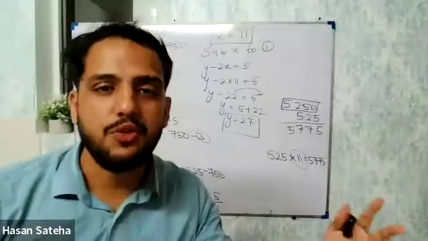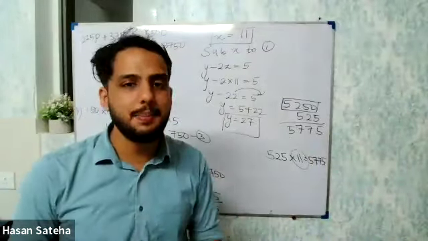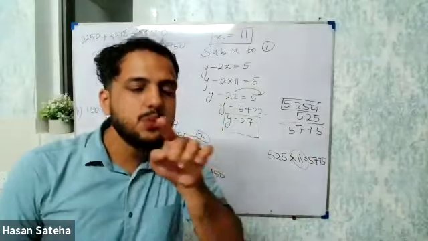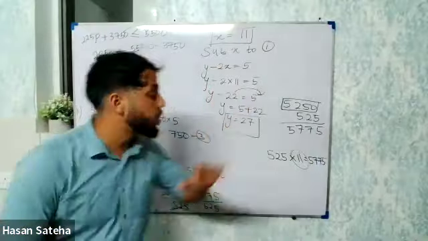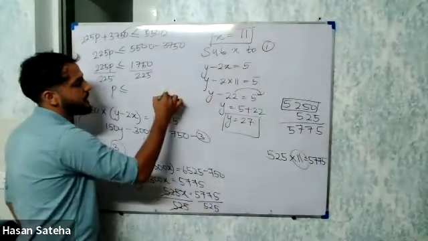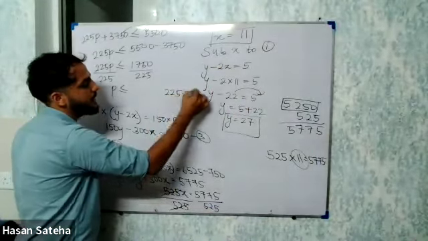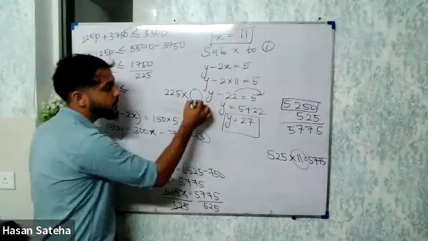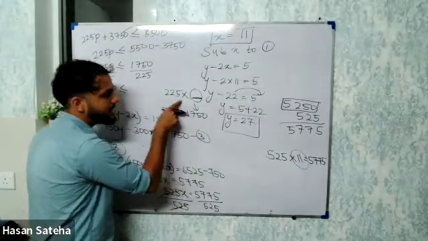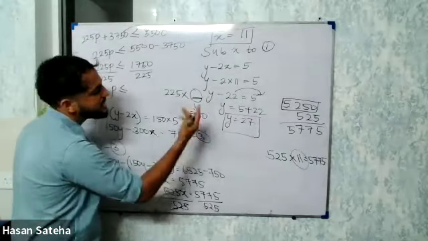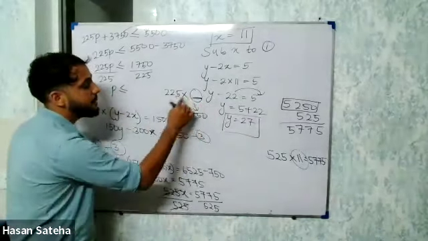You're multiplying 225 by a number that should give you 1750. If this number was odd, multiplying with 5, your final answer will end in 5. If it's an even number, multiplying with the 5, the final answer will end in 0. So it should definitely be an even number.